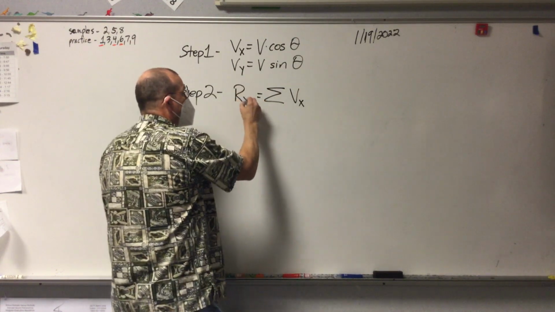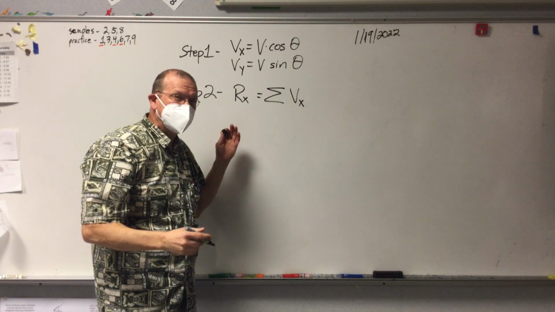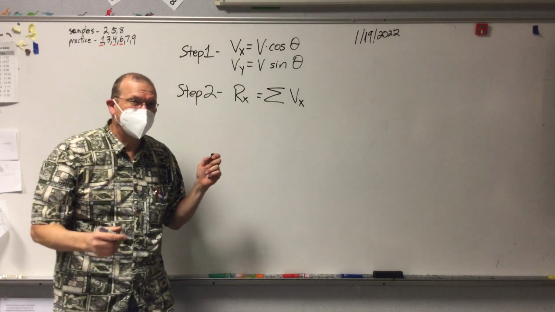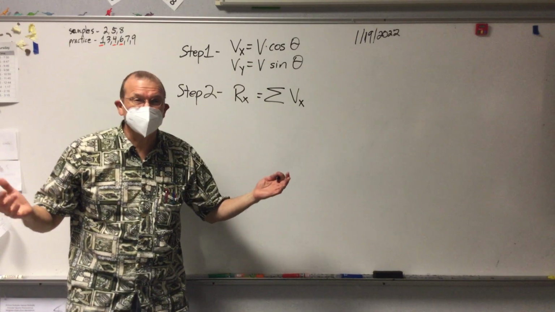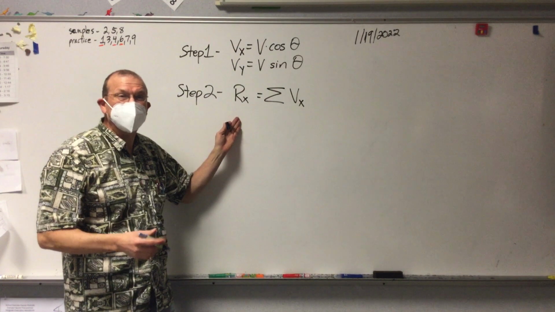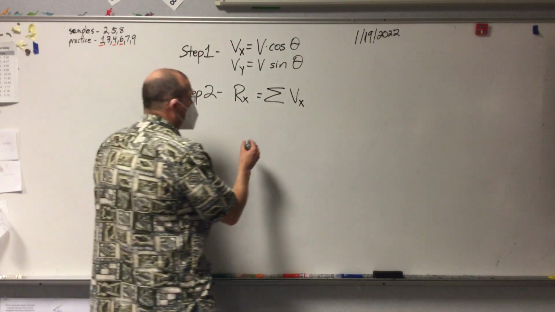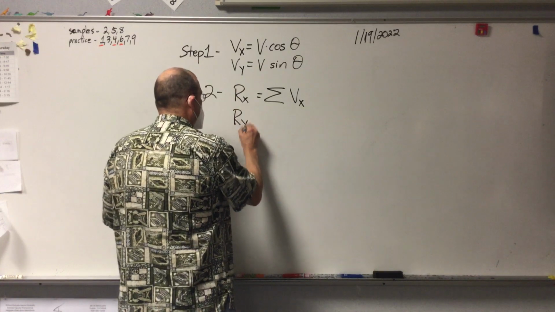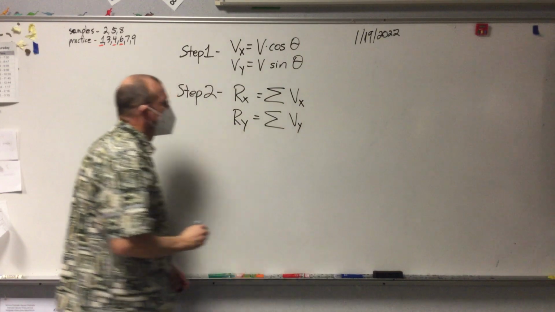Rx. And if someone asked, well, what does Rx represent? The x component of the resultant. Right. And the resultant is our answer. So it's like, this is the horizontal piece of the answer. What's the other thing we did? The same thing but for y. Correct. All right.